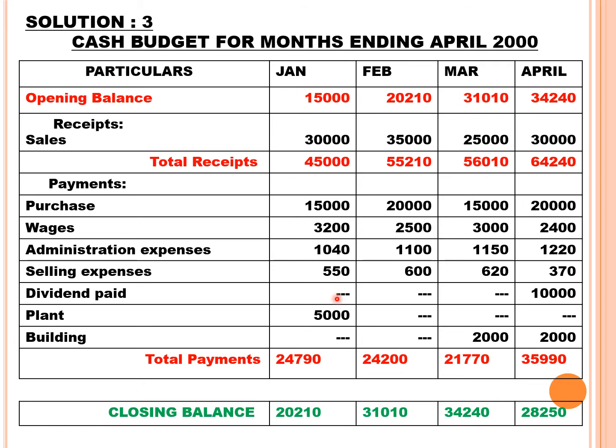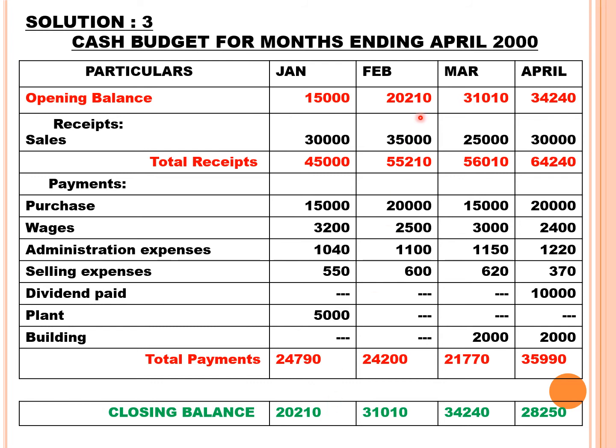It is paid only in the month of April, so it is dash for January. Plant is purchased in the month of January, and building is purchased in the month of March. So for the month of January it will be dash.